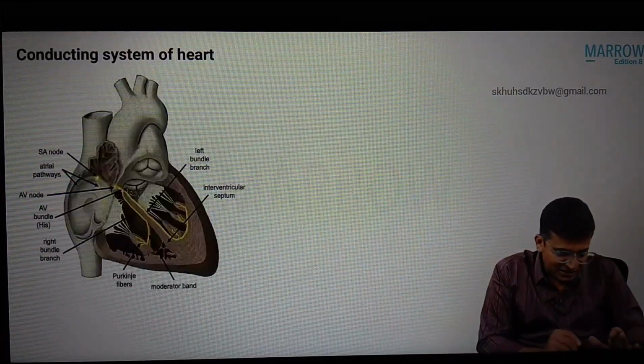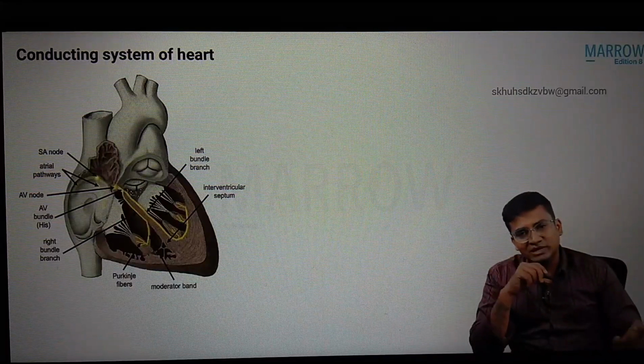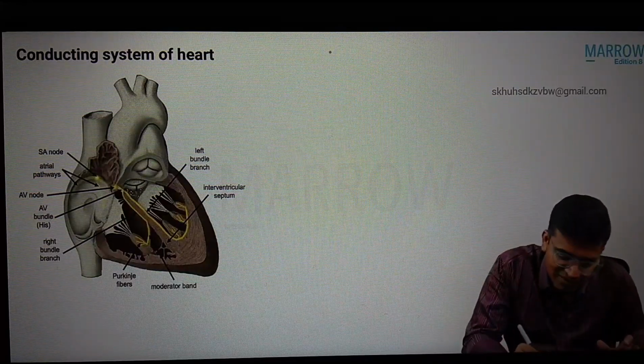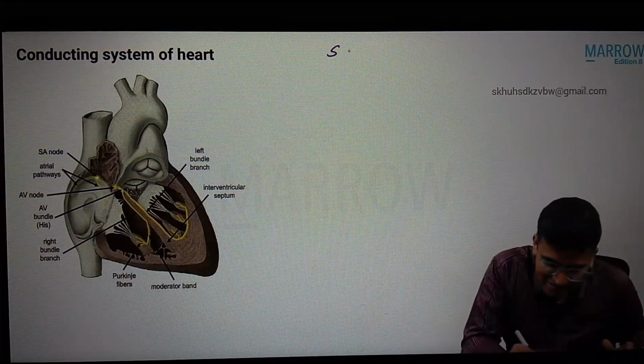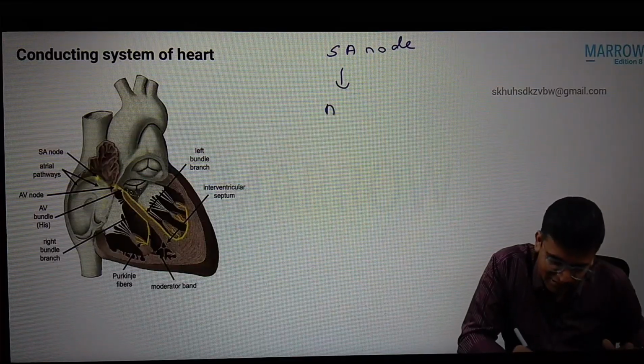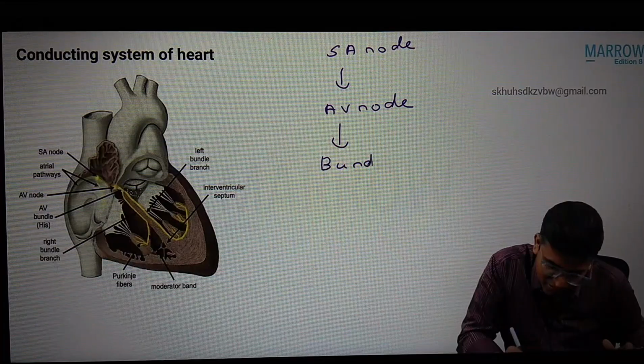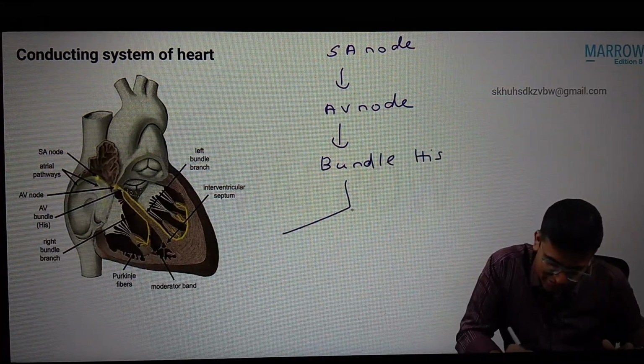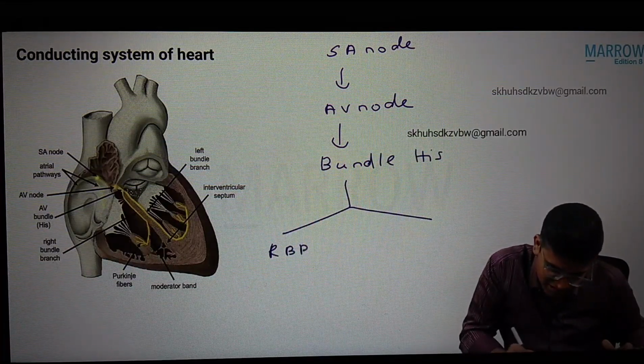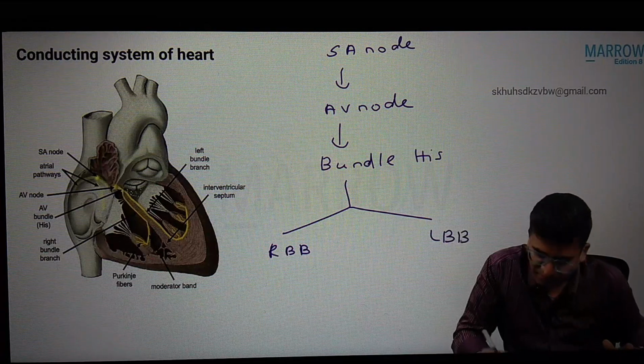Now, next we're going to see the blood supply of the conducting system of the heart, which is very simple. We have the SA node and then the AV node. From the AV node, the bundle of His. From here we have the right bundle branch and the left bundle branch.